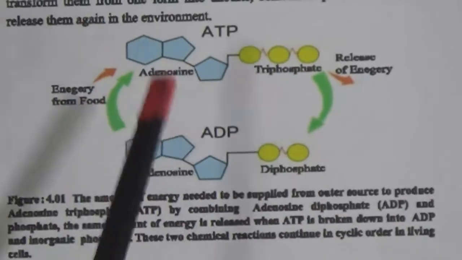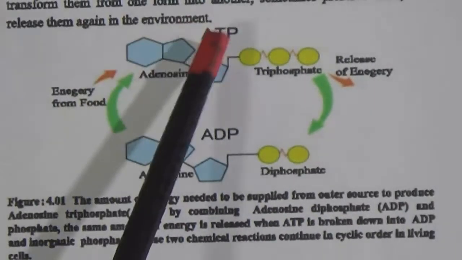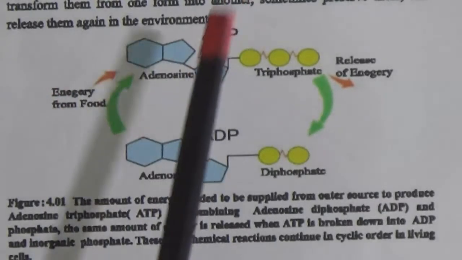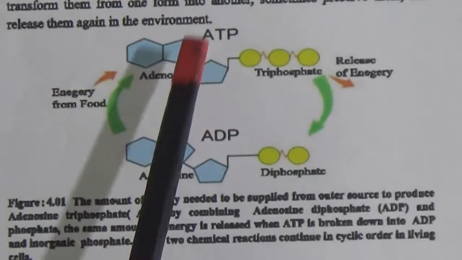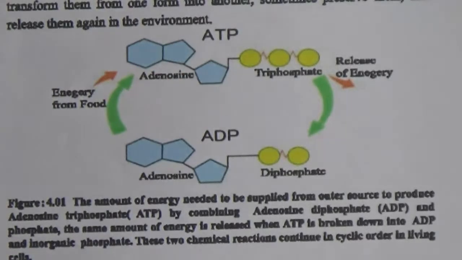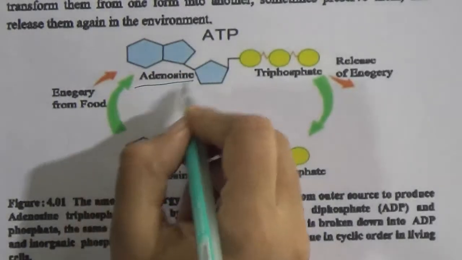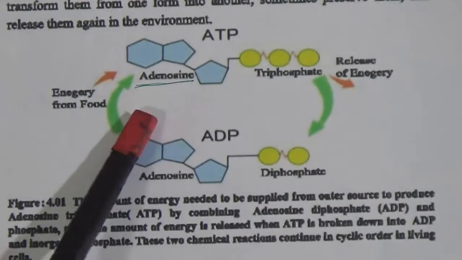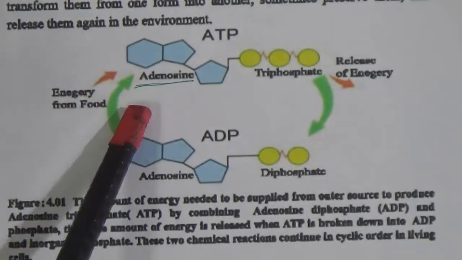Dear students, look here, they give the picture. There is something new to you in this chapter. The new word is adenosine. We will learn more about adenosine at our HSC level.